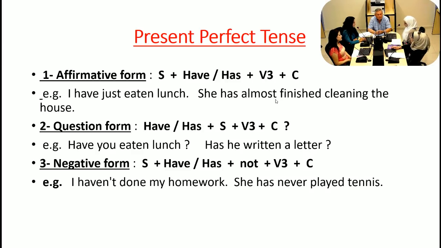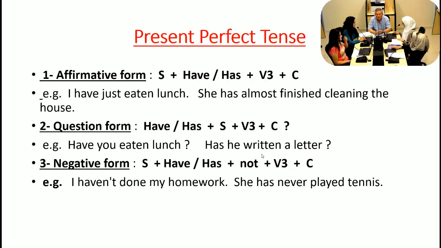In the question form, we use have or has at the beginning of the sentence plus the subject plus verb 3. For example, have you eaten lunch? Has he written a letter? In the negative form, we use subject plus have or has plus not plus verb 3. For example, I haven't done my homework. She has never played tennis.